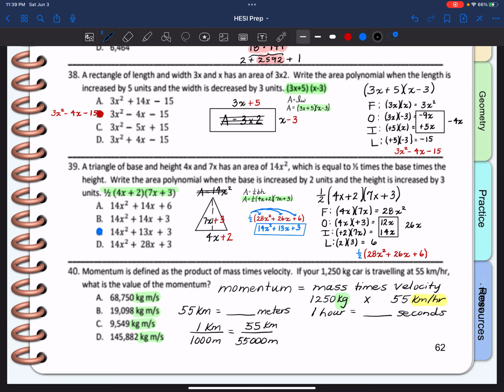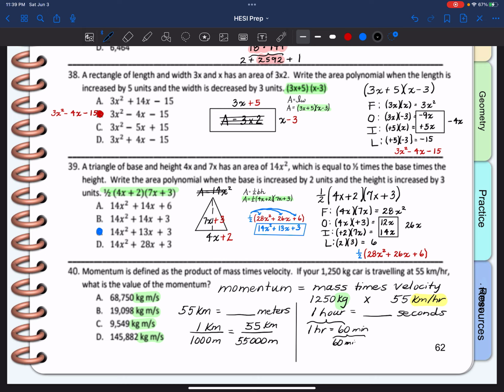Now, for the hour, you could use the same process. You could use a proportion, but I'm going to do this one a little bit differently just to give you some options here. You can do it however you want. But I know that 1 hour is 60 minutes, and each of those minutes is worth 60 seconds.